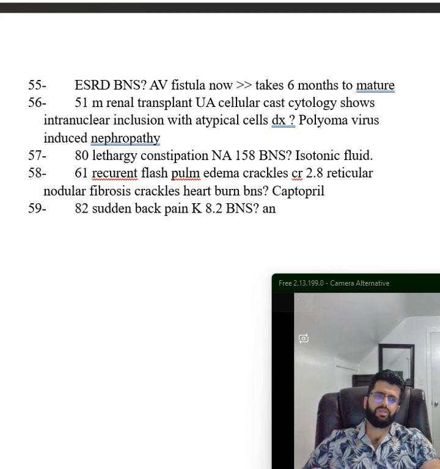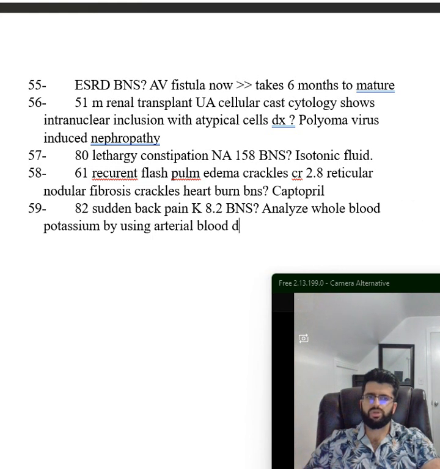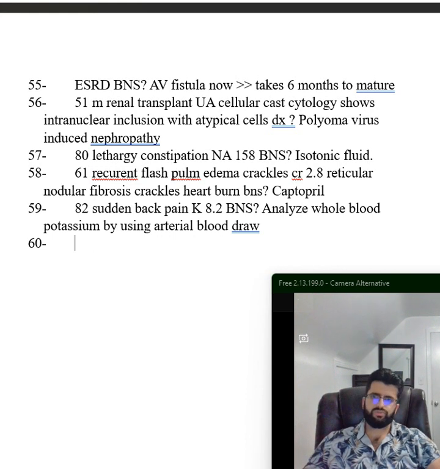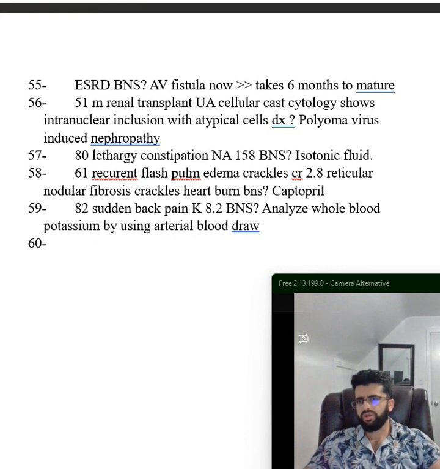So this one you basically repeat the test, as it may not be accurate. So you analyze whole blood potassium by using an arterial blood draw. You do an arterial blood draw, check potassium, and make sure it's accurate, because you don't want to treat something that's not there.